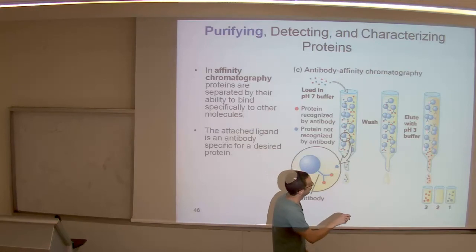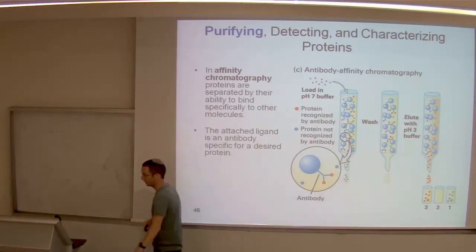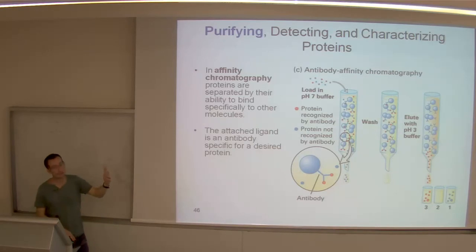And now, in order to elute these proteins that have recognized the antigen, you can change the pH by adding a different pH buffer, and you can add some artificial molecule that will compete with this protein on the interactions with the antigen and so on.